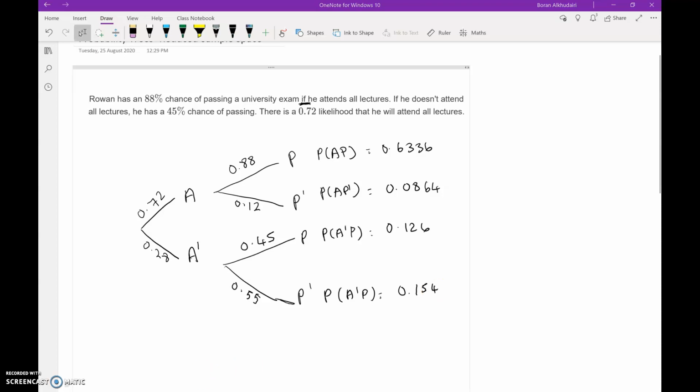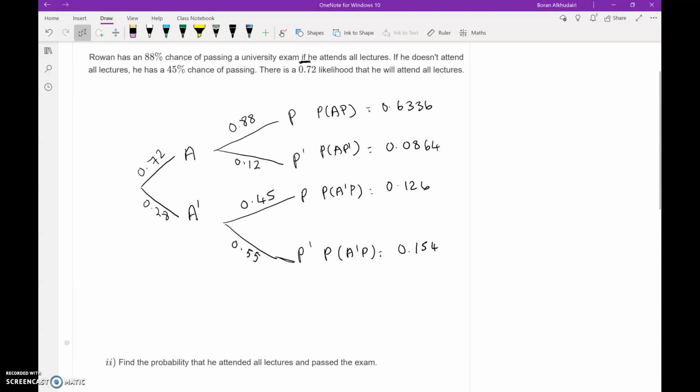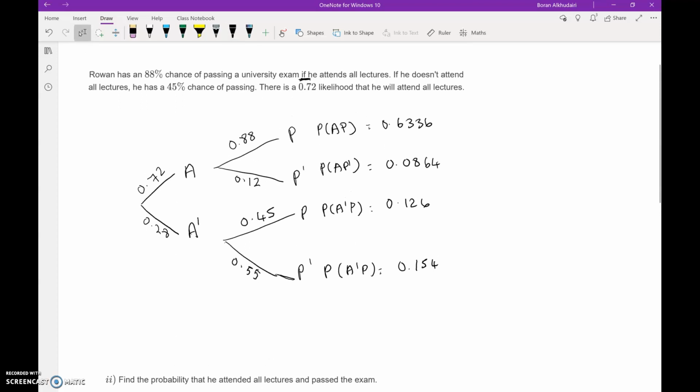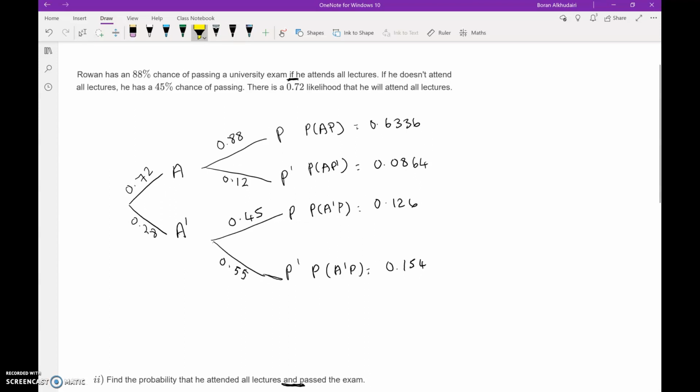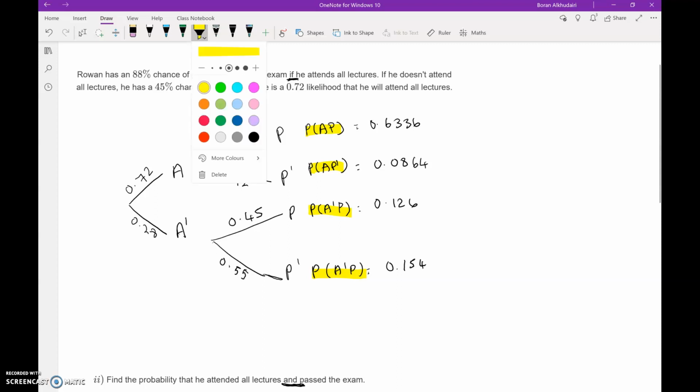All right. So if we want to start answering this one, find the probability that he attended all lectures and passed the exam. This is an and probability, so we multiply across, which we've already done. These are all and probabilities here, these ones. We've already found them, so it's quite easy to figure out now. I'm going to start highlighting across to show you.